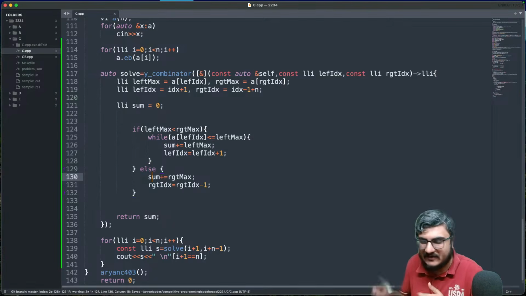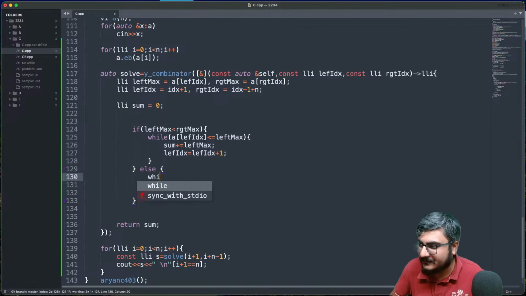We just keep running the left endpoint until we find a new left maximum.